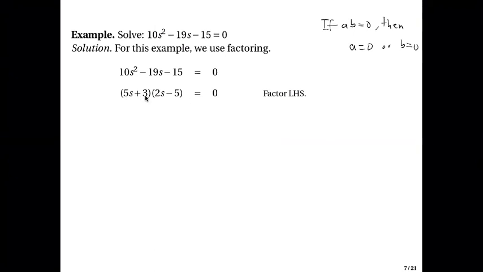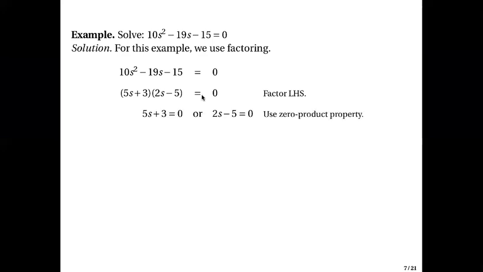So this represents your a, this represents your b. So a must be equal to 0 or b must be equal to 0. So 5s plus 3 equals 0 or 2s minus 5 equals 0. So use the zero product property.